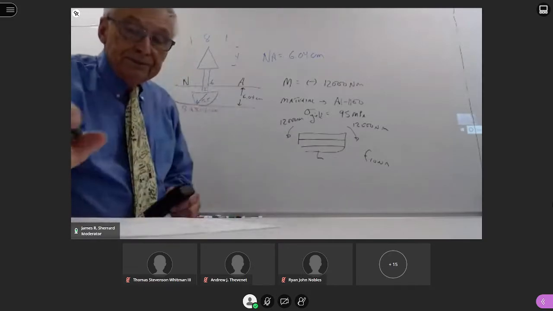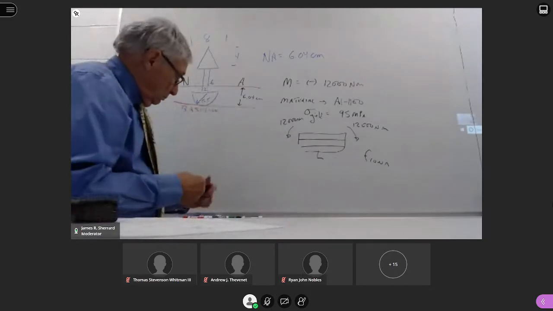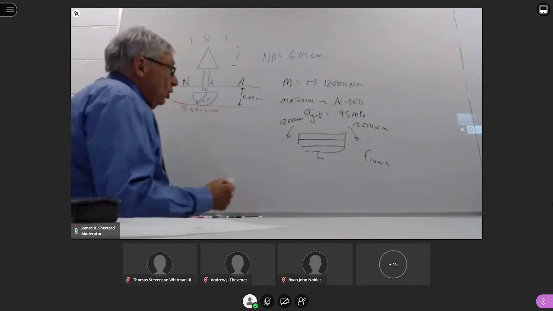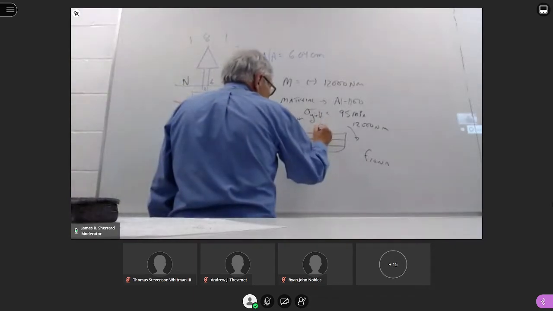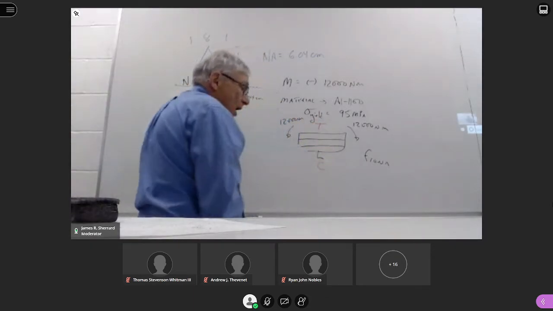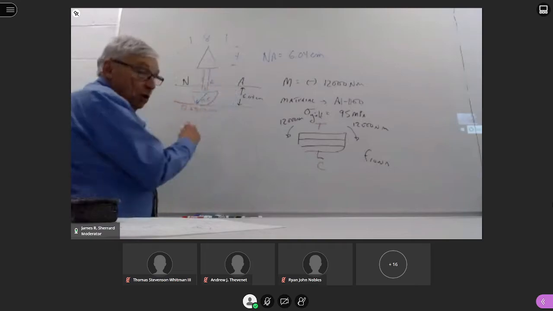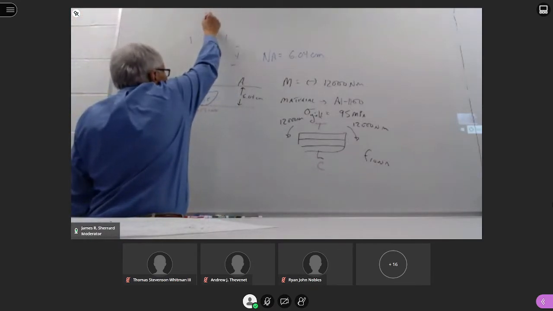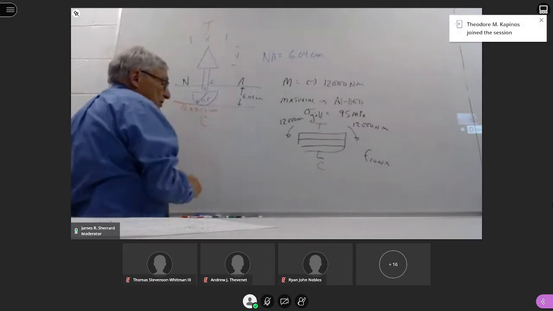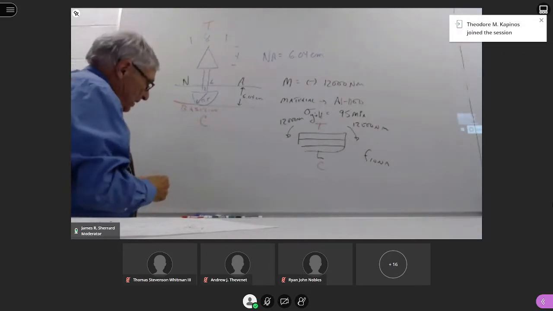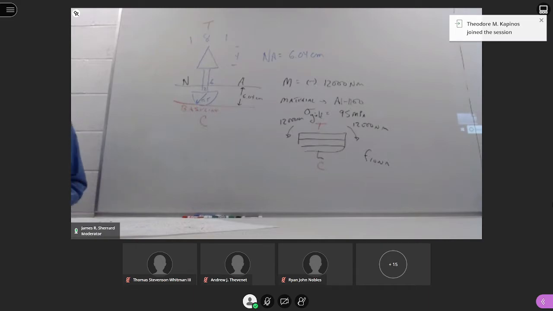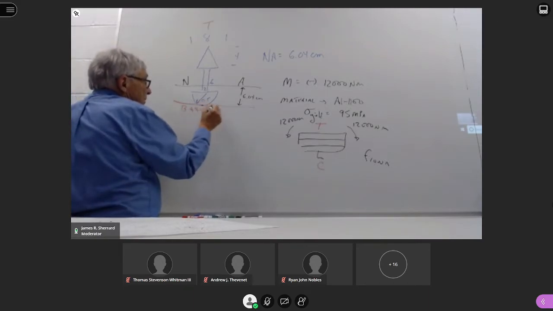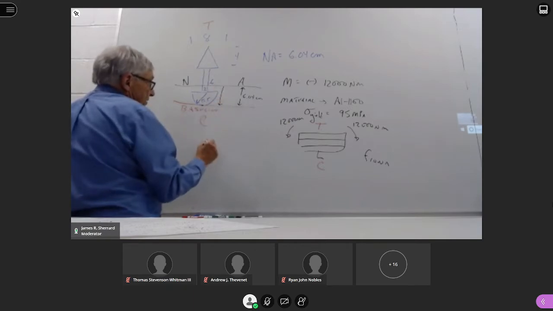When you do that, you automatically know that the top of this is in tension, the bottom is in compression. I would go over here in this view and do the same thing where this is in tension and this is in compression. And just looking at this, you can see that this point is the furthest from the neutral axis.